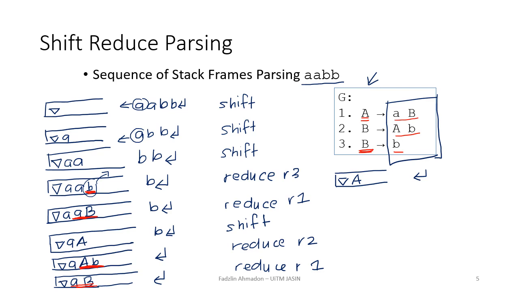Now, because A is our starting non-terminal, which is the non-terminal of rule 1, and the input is N marker, we say that this input has been accepted. And this is how you apply Shift Reduce Parsing using stack.